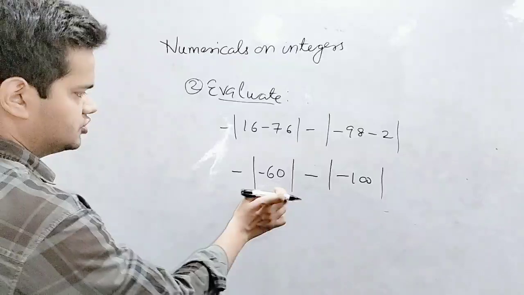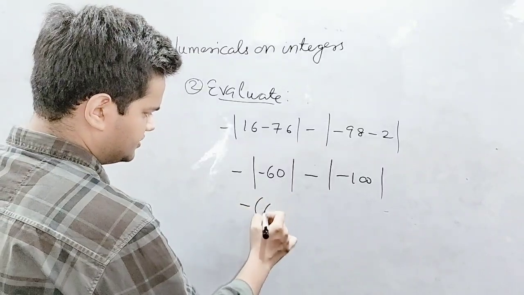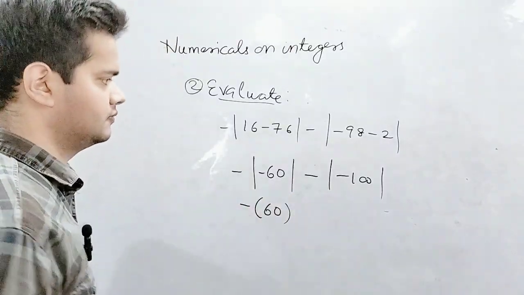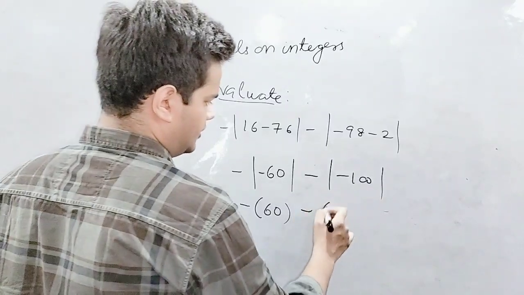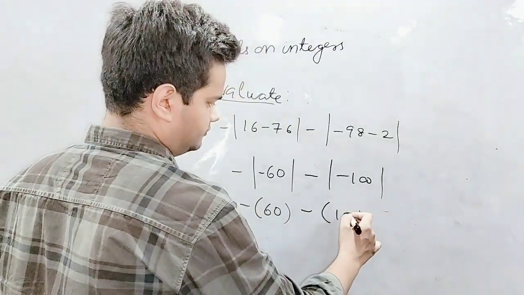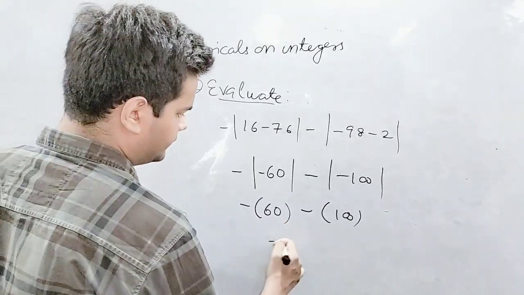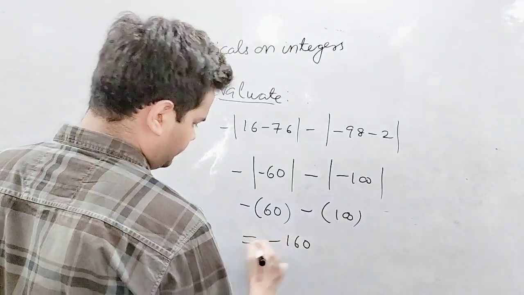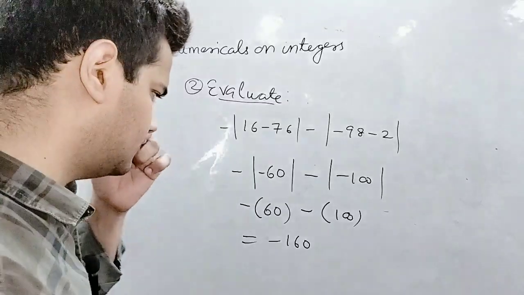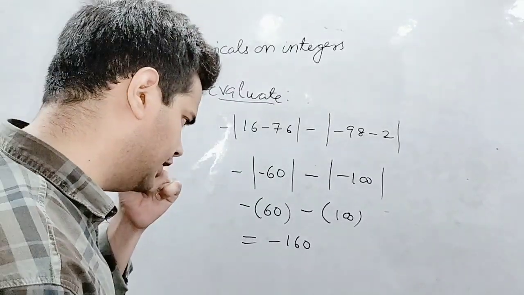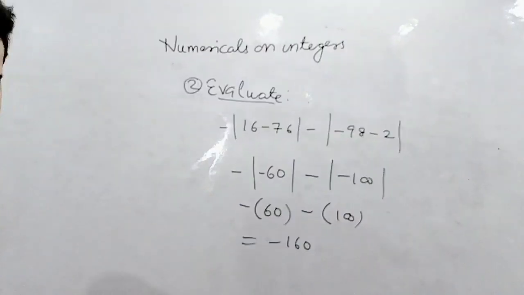So this becomes 60 and this becomes 100. Two negatives together, so they will add, and the value will be negative. This becomes minus 160. Okay, please note it down.